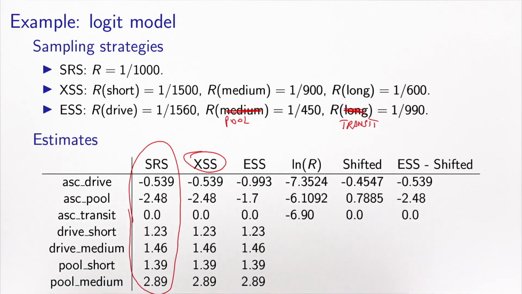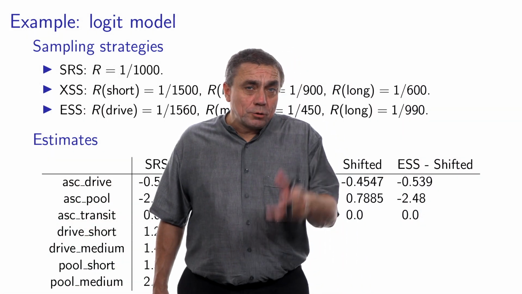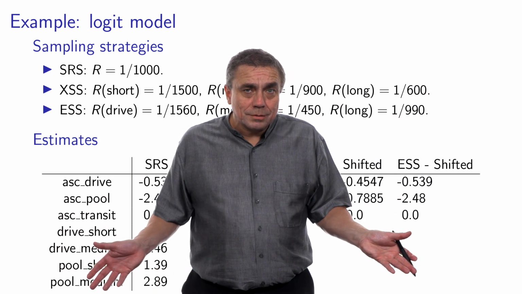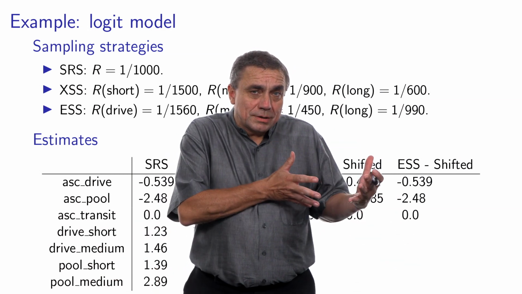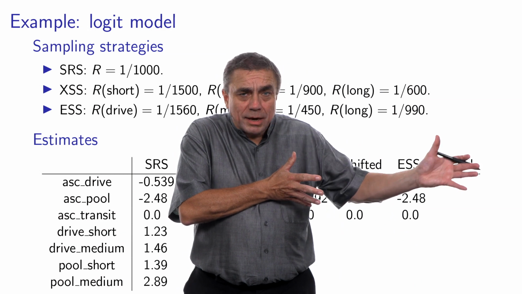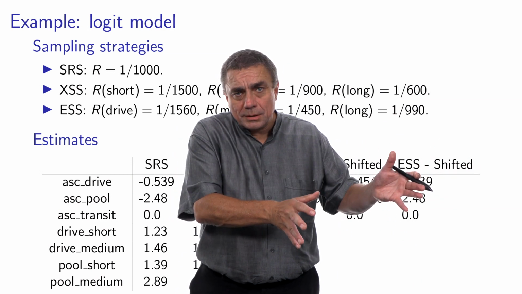Now we have seen in the previous video that when we use the exogenous sampling strategy, we can basically apply the exact same procedure and we will obtain the maximum likelihood estimators of the parameters. And we observed in this case that we get exactly the same results as for the simple random sampling. So this is why I said in the previous video that it is very good news. When we have an exogenous sampling strategy, we just don't need to care about that. We just estimate the model as such.